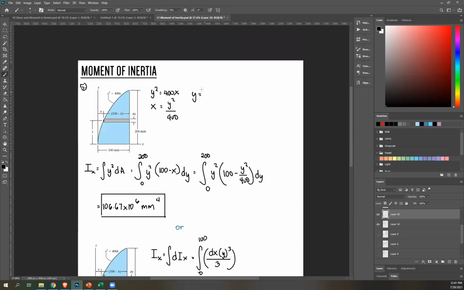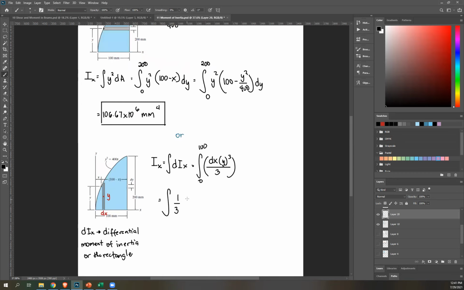So y is equal to square root of 400x. So y cubed is square root of 400x raised to 3. Then dx, 0 to 100. Okay, so try to get the answer for this. What's the answer?